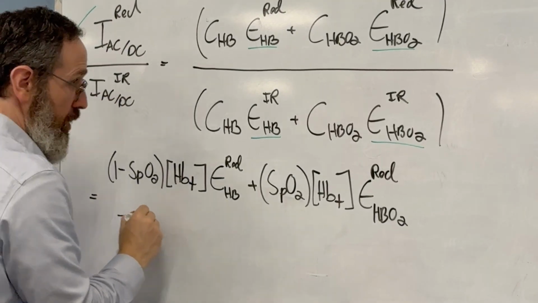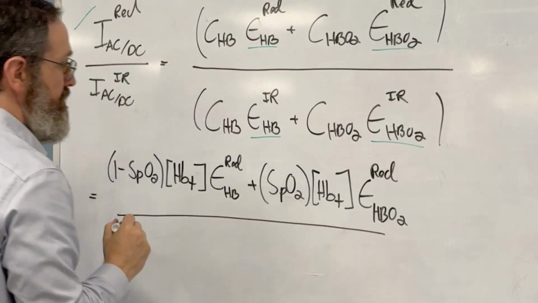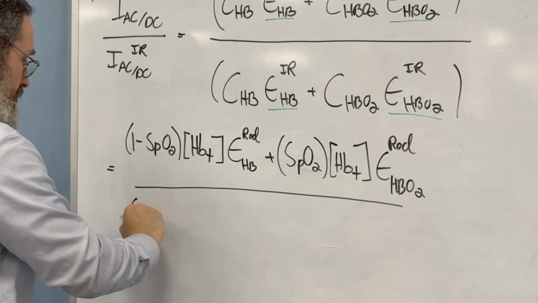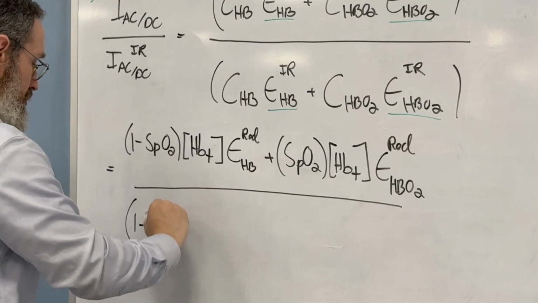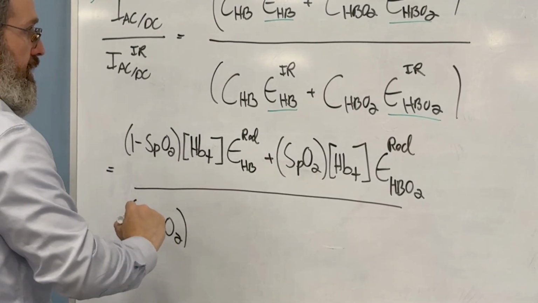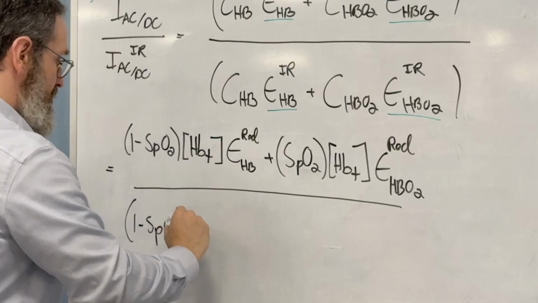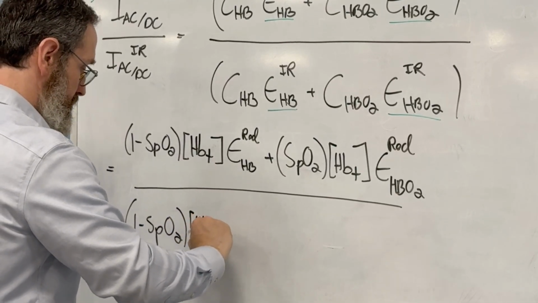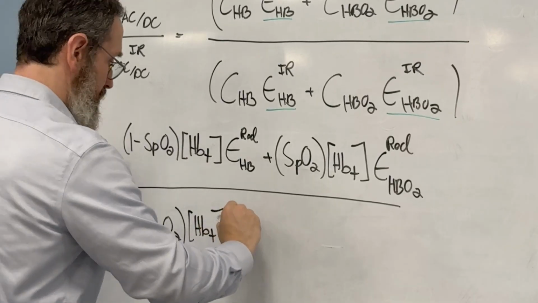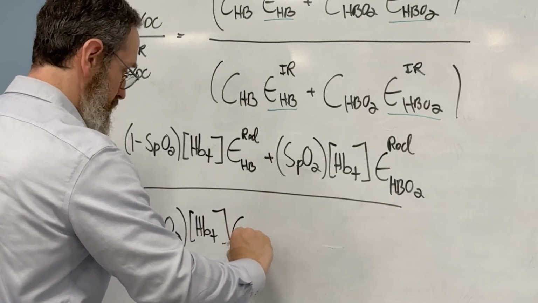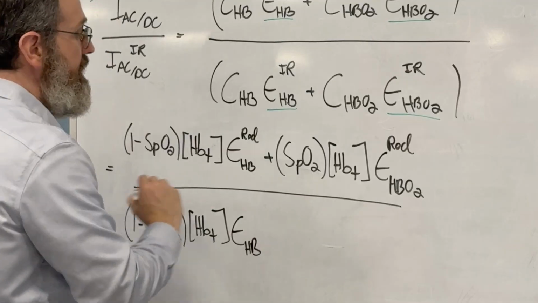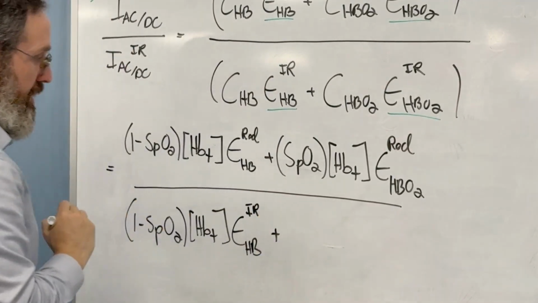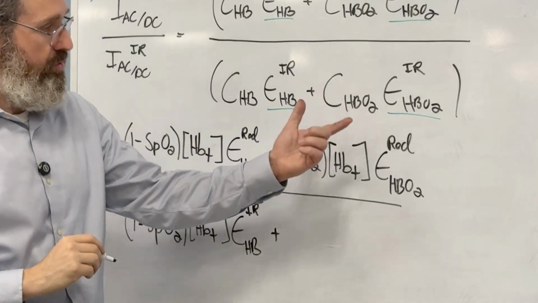And then I'm going to do over, okay, I have this one again. So that's going to be 1 minus SpO2, right, times the concentration, times Hb total, times the extinction coefficient of Hb at infrared, plus, and then I'm going to take this one again.